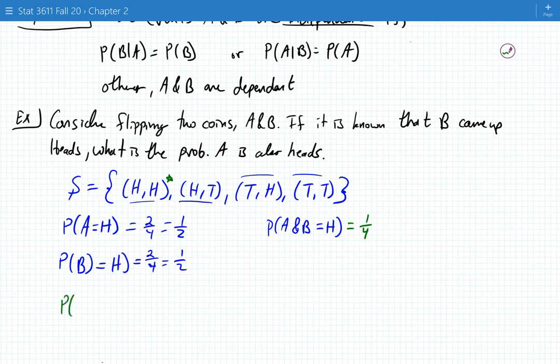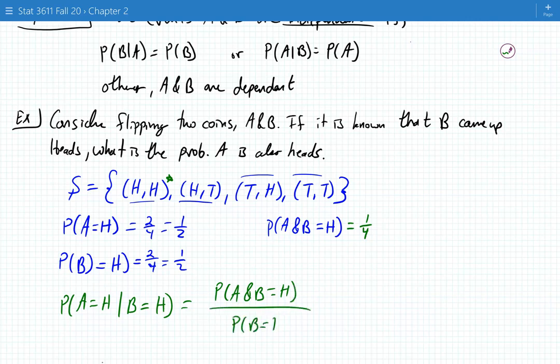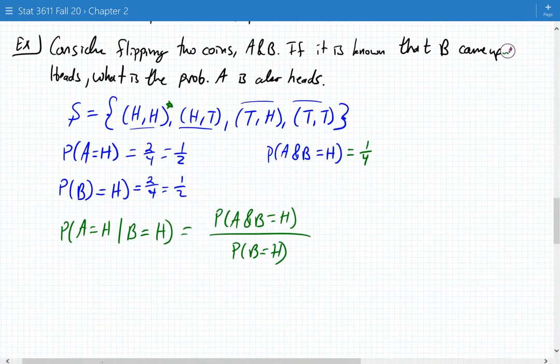The question is, if it's known that B came up heads, what is the probability that A is heads? According to the conditional probability definition, this is the probability of the intersection, A and B equals heads, divided by the probability of the given event.